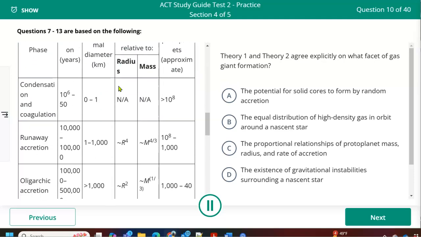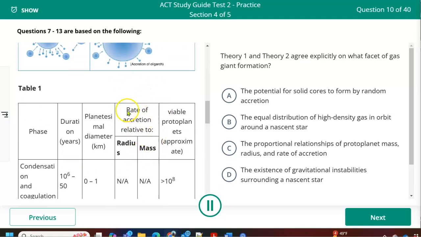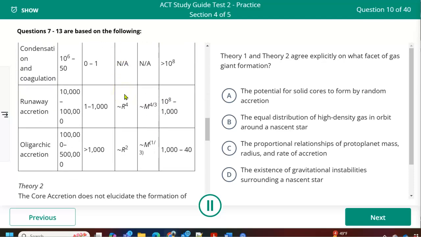Oh, okay. So that is this one here, where they're talking about the proportional relationships of rate of accretion to mass and radius. That is theory 1. So eliminate that one.